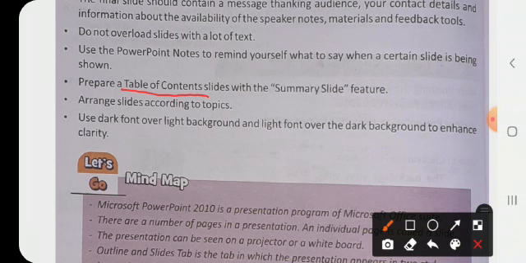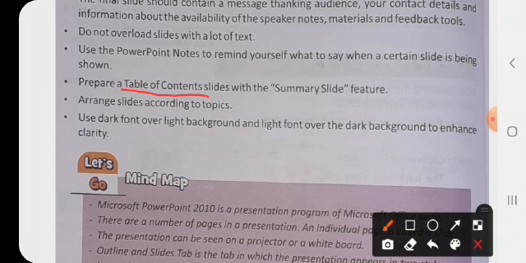Then use dark font over light background and light font over dark background to enhance clarity. This is a very important thing that needs to be learned. If you have created a light background, then use a dark font to make your work distinct.